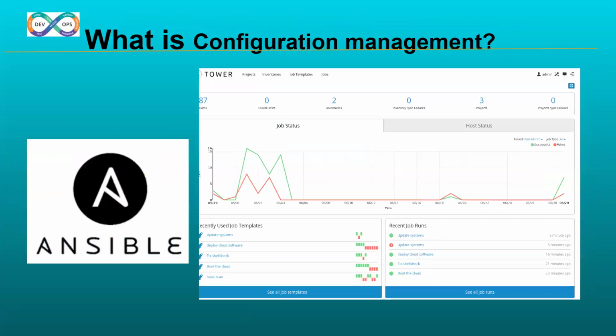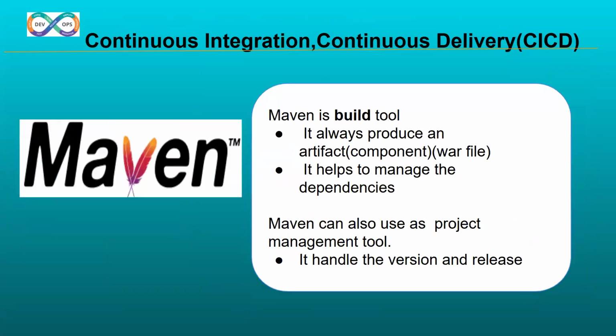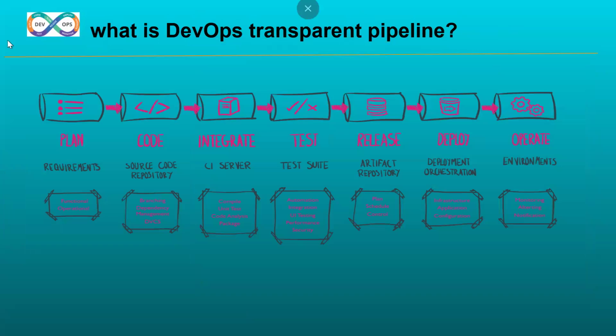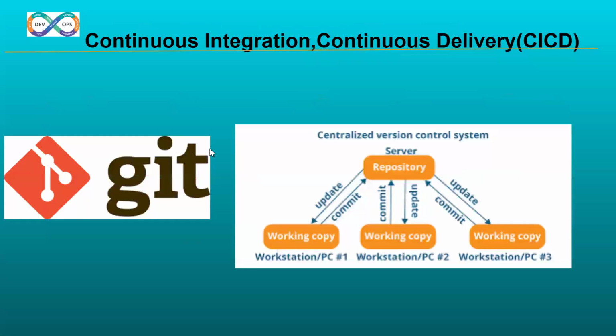These are all the tools we are going to use for implementing our DevOps transparent pipeline. Sir, how exactly can we implement it? With the help of these tools, let us understand.